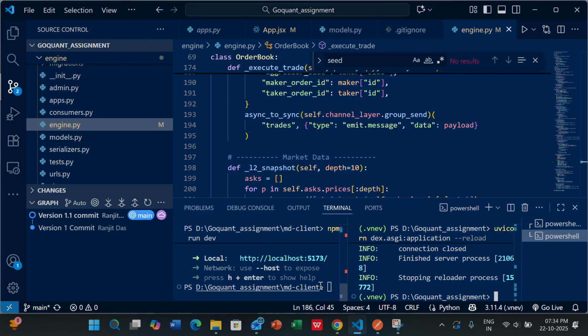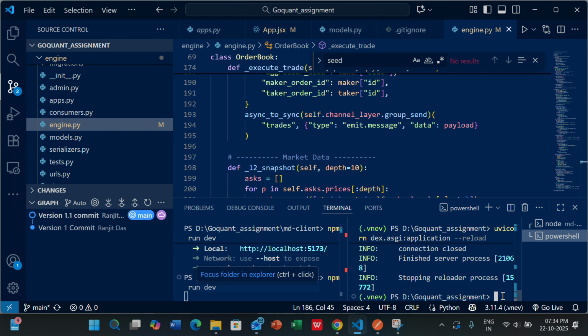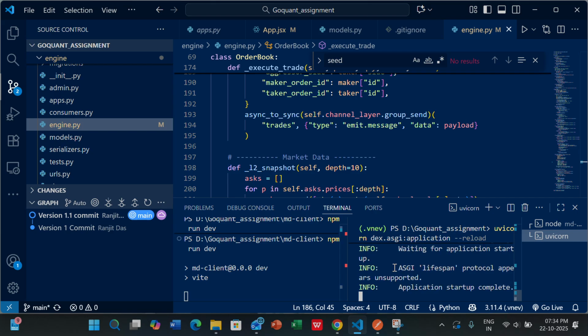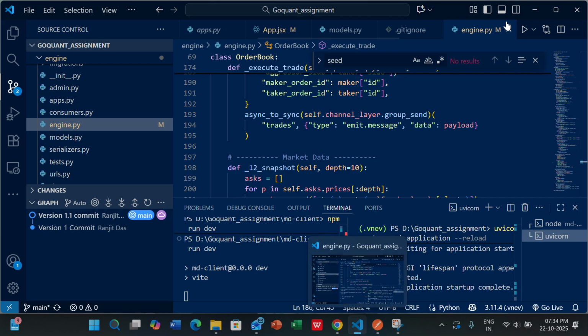So I made the front end with React, and the backend is from Python Django. So here we start. First of all, I start the front end server and the backend server simultaneously.